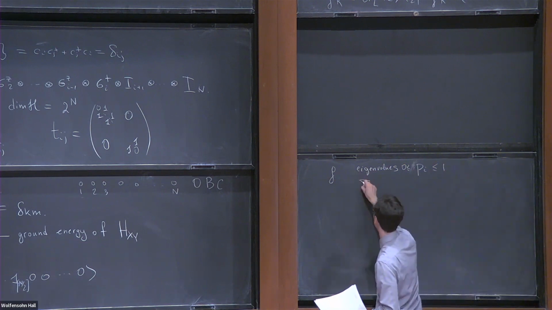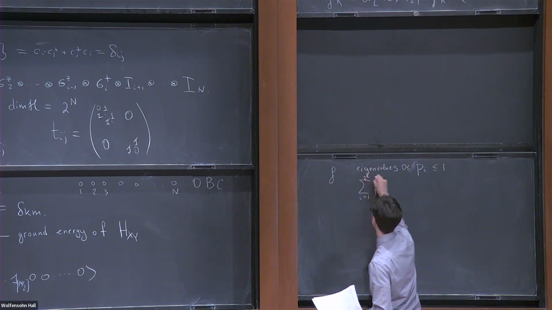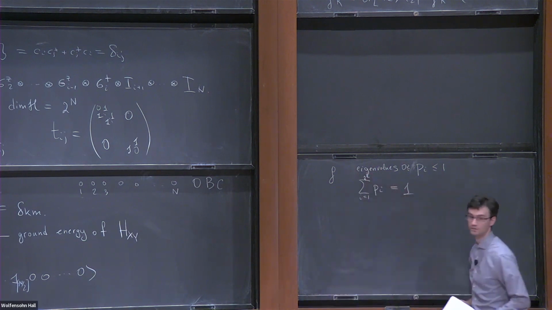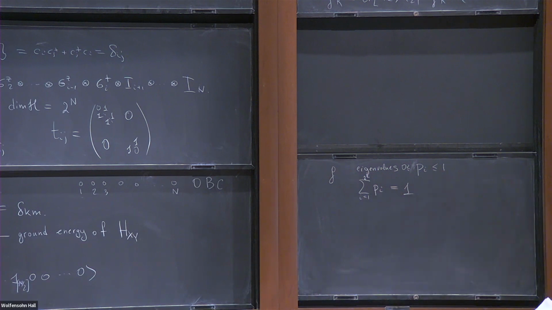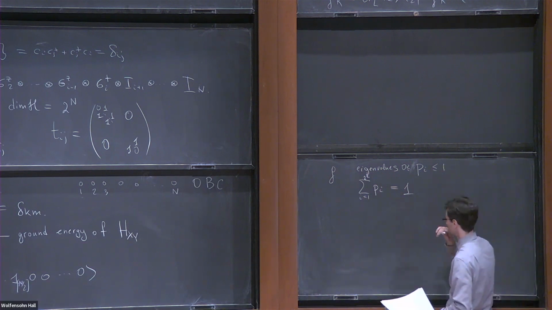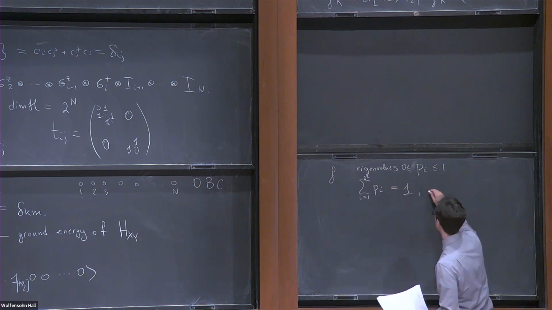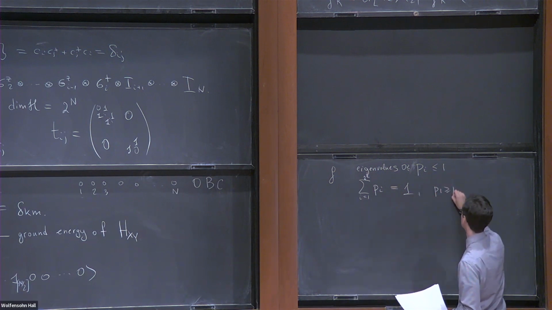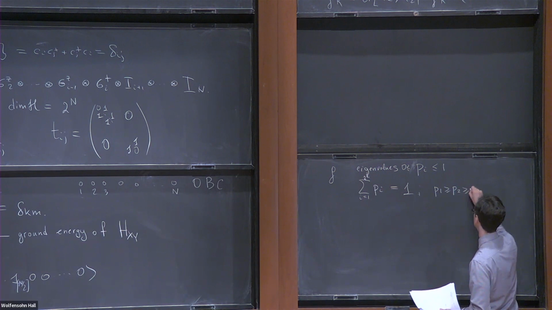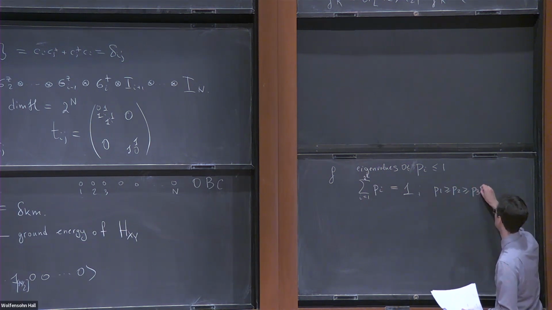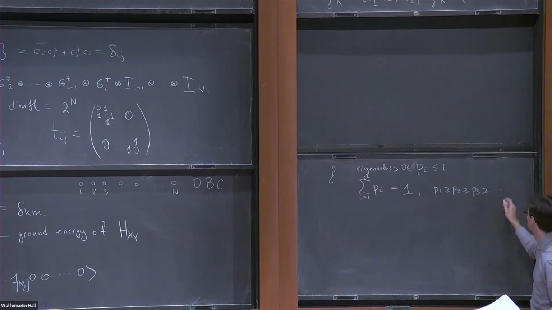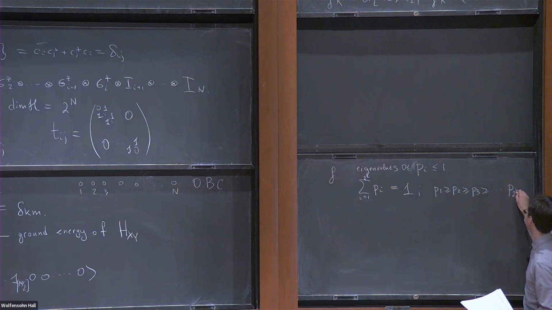So if I sum over all eigenvalues of my density matrix, up to 2^k, I'm going to get 1. Right. So let me order them from bigger number to lower number. So p1 is bigger than p2, p2 is bigger than p3, and so on, up to p 2^k.